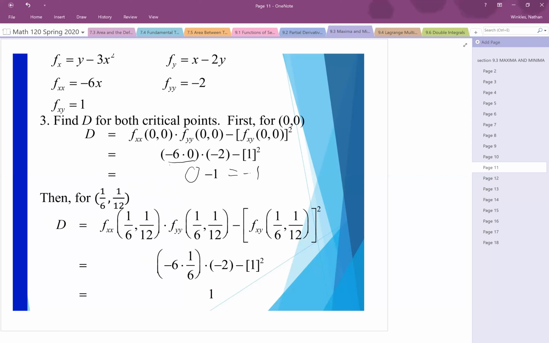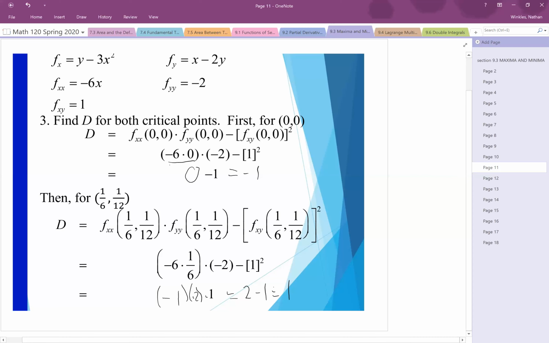For 1/6, negative 6 times 1/6 is going to give us negative 1. And then we are going to get negative 1 times negative 2 minus 1 gives us 2 minus 1, which is 1.